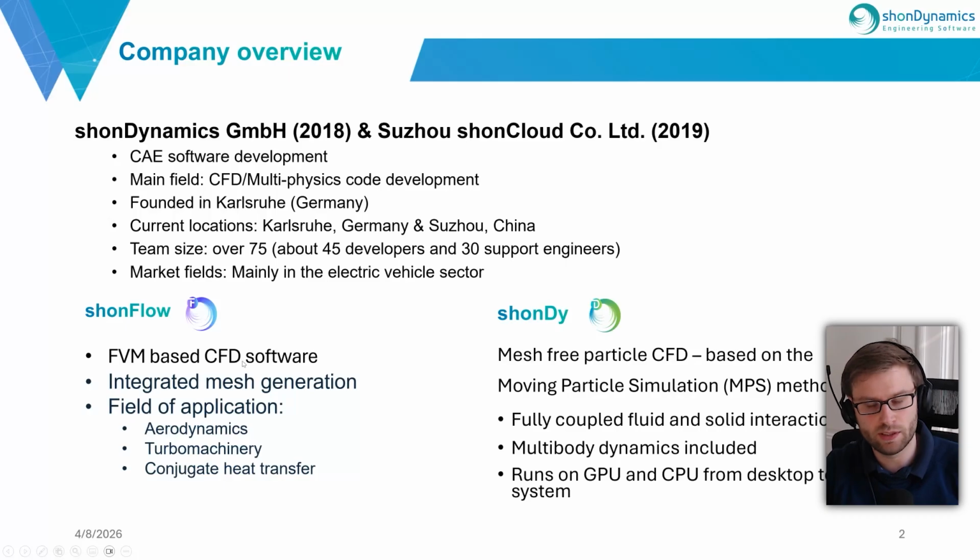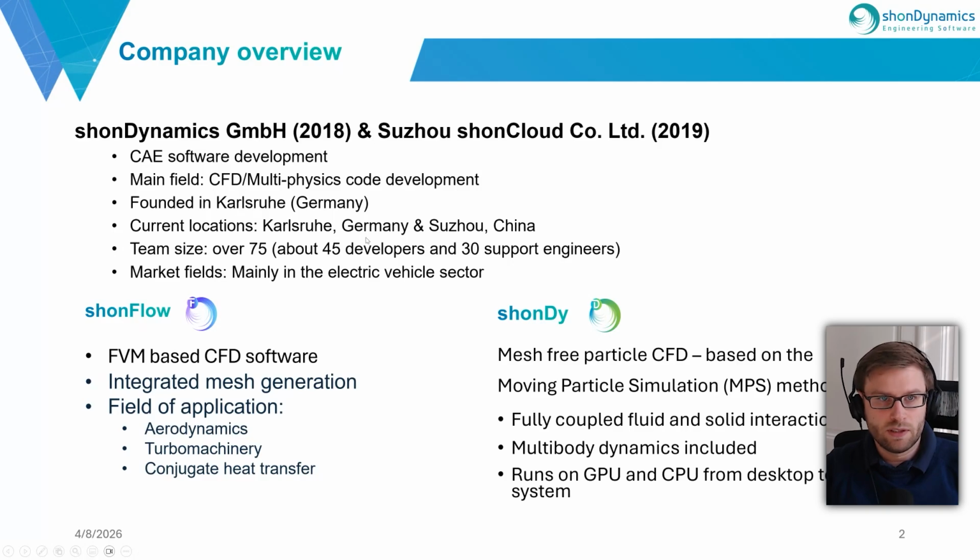Before we go directly to our software and to our example case, I shortly want to introduce who we are, because I think Yusuf has a large community and not everyone will know us. So we are shonDynamics. We were founded in 2018. We are a company which develops CAE tools for engineers.